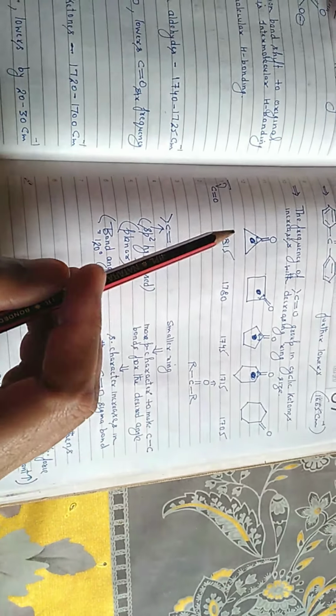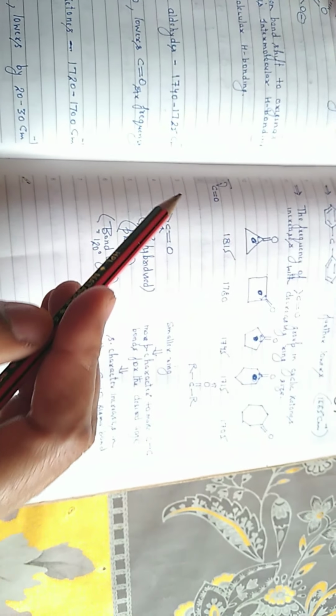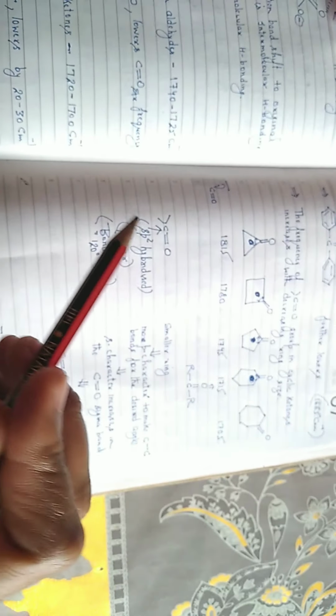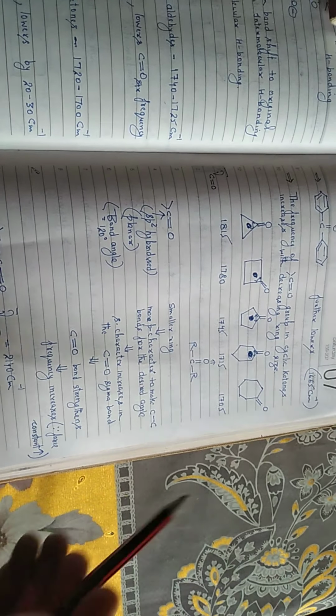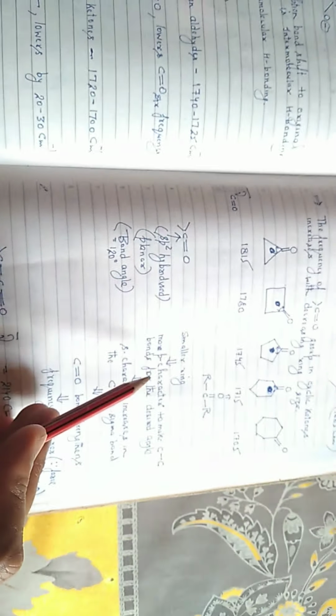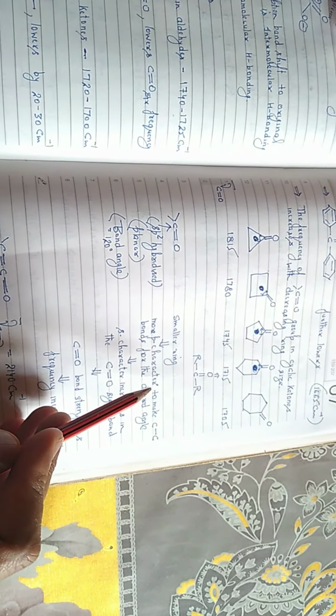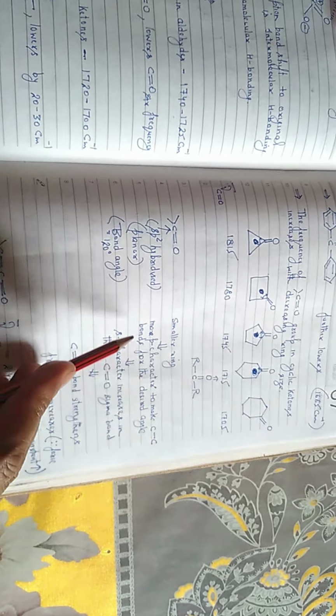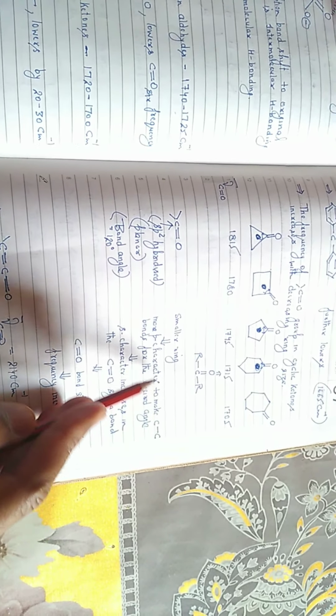That's why the orbital overlap is not as effective as in open chain compounds. Because of this, the orbitals acquire more p character to make carbon-carbon bonds at the desired angle.